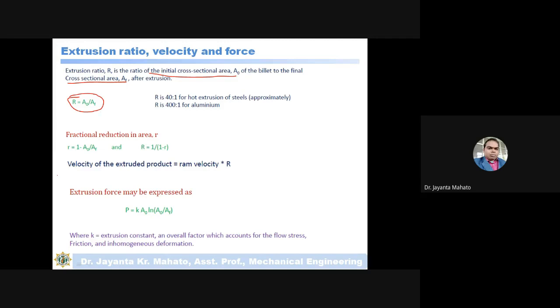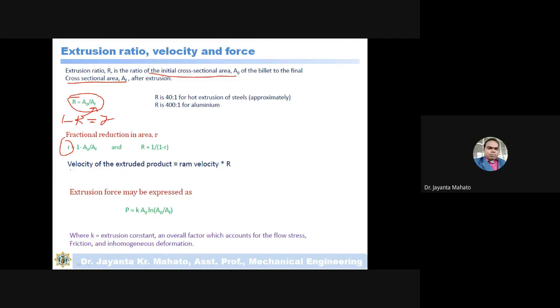And the fractional reduction in area is denoted by r, and this r is nothing but 1 minus 1 over R. Okay, this is the fractional reduction in area, which is A naught minus A f over A naught.